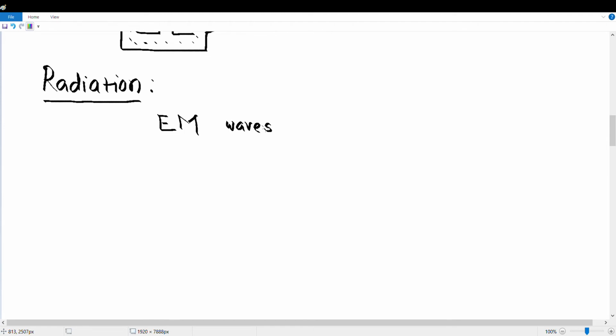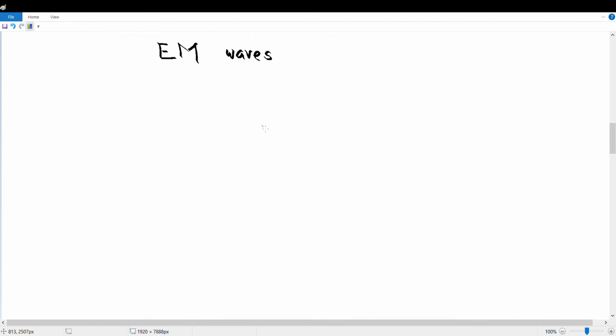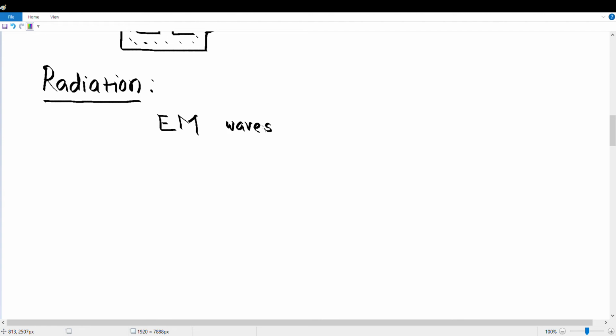The sun radiates electromagnetic waves, and these electromagnetic waves reach the earth and we receive heat from the sun by the process of radiation.